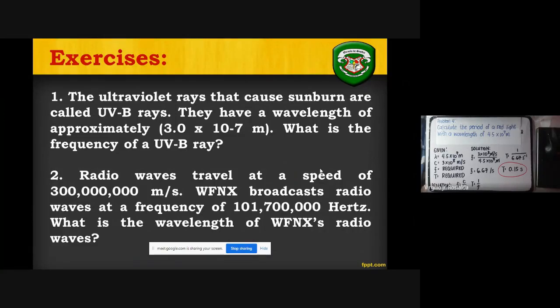Isulat nyo muna, then try to solve it and make our computation as your basis sa ating number 1 and number 2 exercises na ito. Gawin yung basis yung mga sinolve nating problems from problem 1 to problem 4 to solve these exercises 1 and 2. Okay? So pause for a while and then solve it. Try to solve it ng kayo lang, ng sarili.